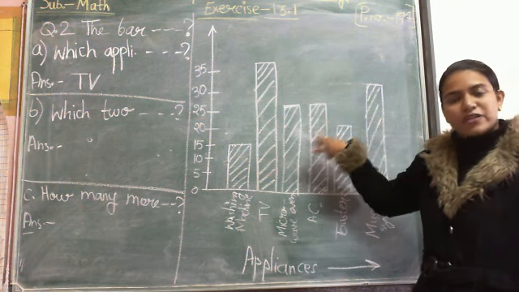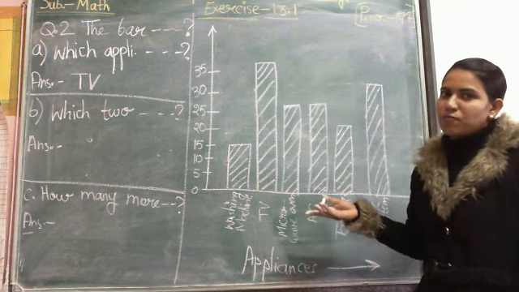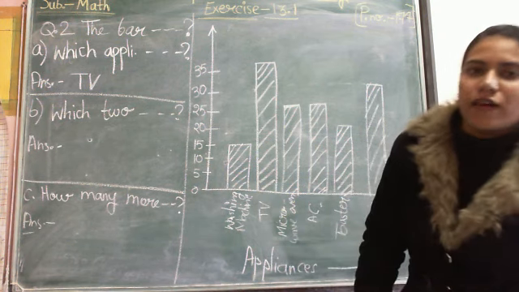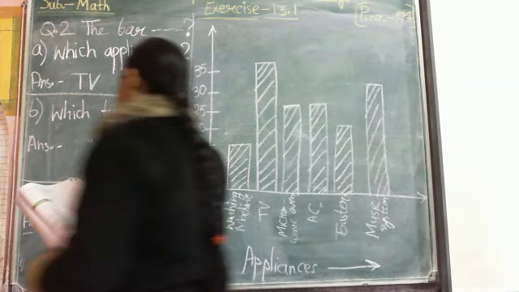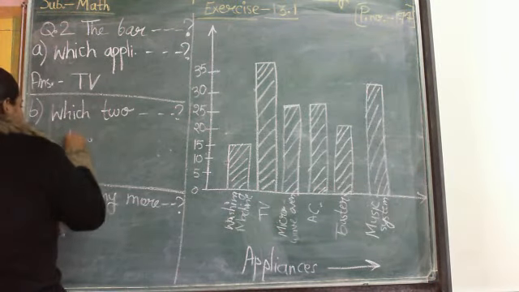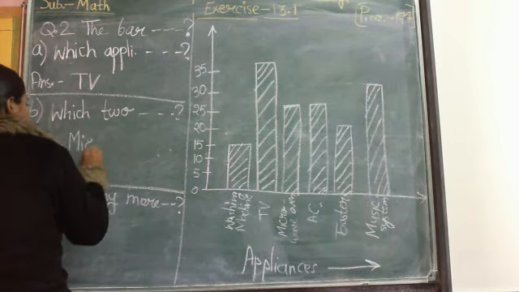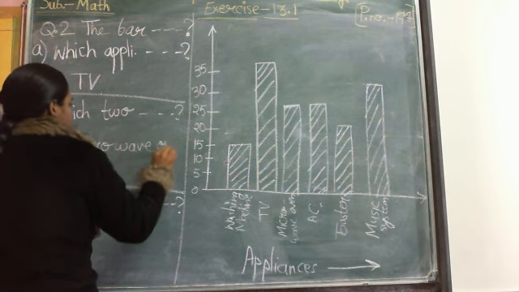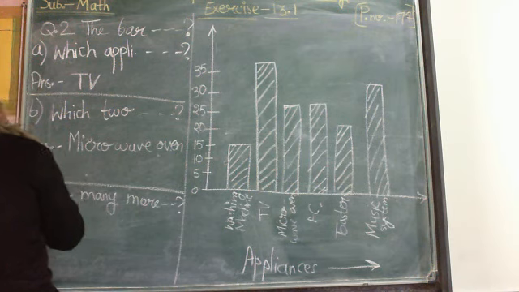It means they were sold equally. So which two appliances? One is microwave and the other one is AC. So our answer will be microwave and AC.